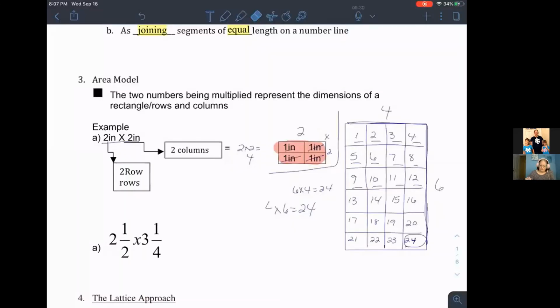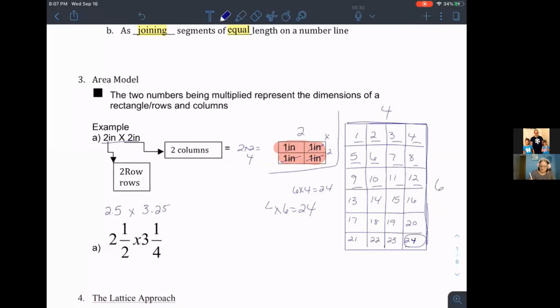Okay, so on this A, we have 2.5 times 3.25. We're going to use the lattice approach to solve this. What we need to do first is change the fractions into decimals.